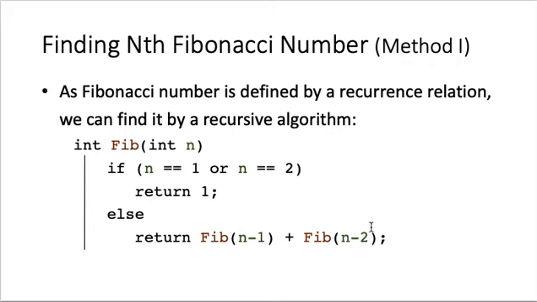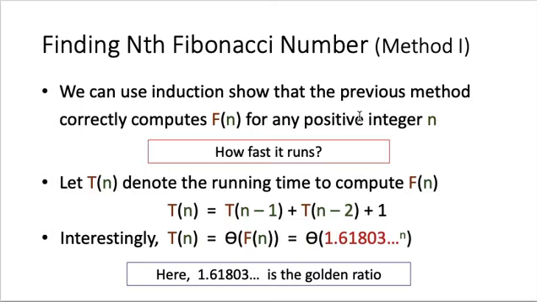These are the previous values which are assumed to be correct by the induction hypothesis. So we know that f of k plus 1, the new value, can be computed correctly. So the correctness is easily shown by using mathematical induction.